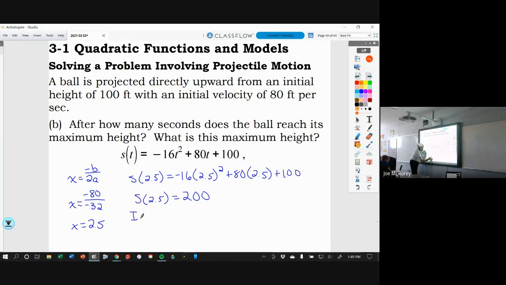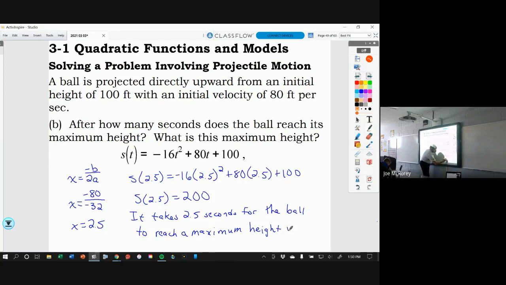It takes 2.5 seconds for the ball to reach a maximum height of 200 feet.